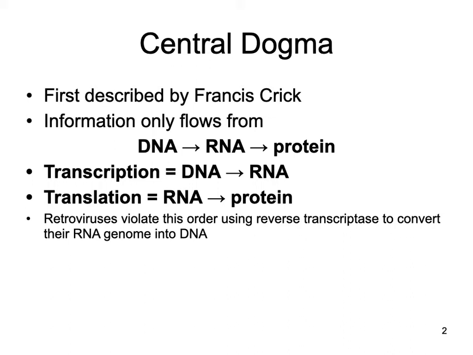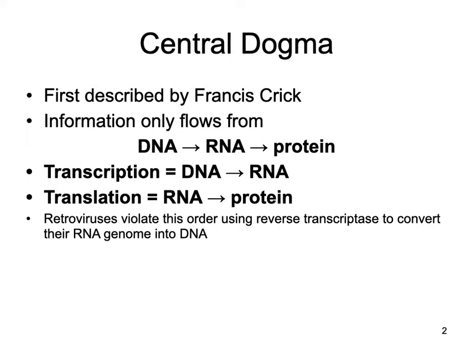So every organism that is alive and that we have ever known of to be alive has the same flow: they have DNA, which then predicts what RNA is going to be, which then becomes the final instructions for making a protein.